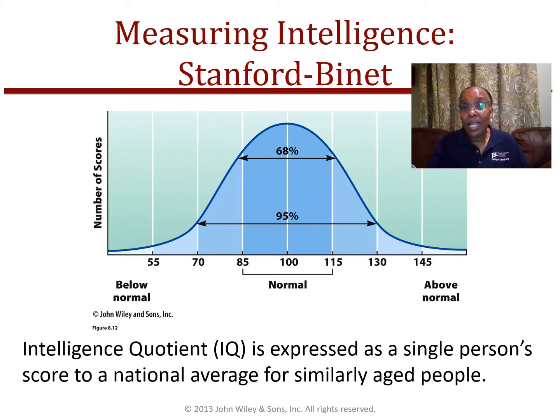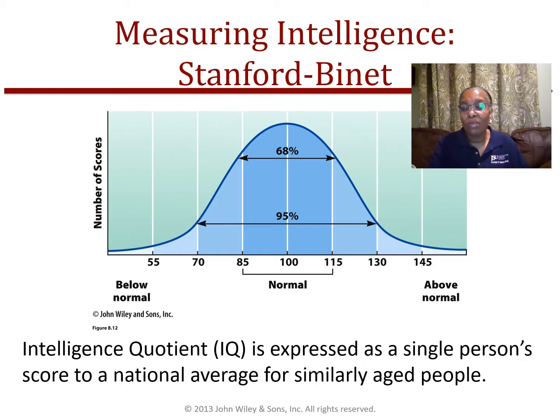The Stanford-Binet intelligence scale is loosely based on the first IQ test, developed in France at the turn of the last century by Binet. Here in the U.S., Lewis Terman, back in 1916, developed the Stanford-Binet at Stanford University, hence the name, to test the intellectual ability of U.S.-born children from ages 3 to 16.